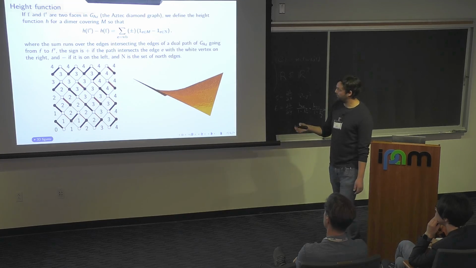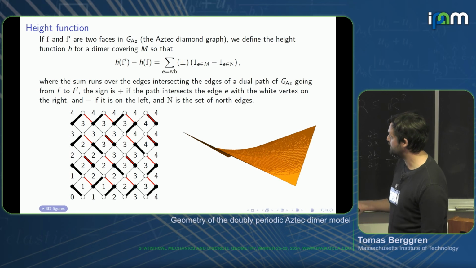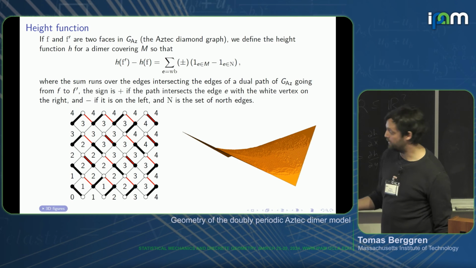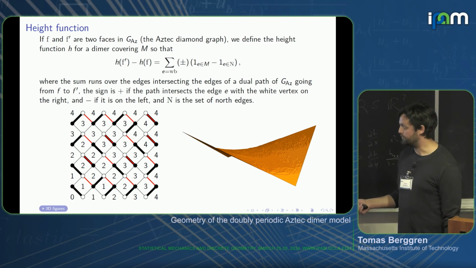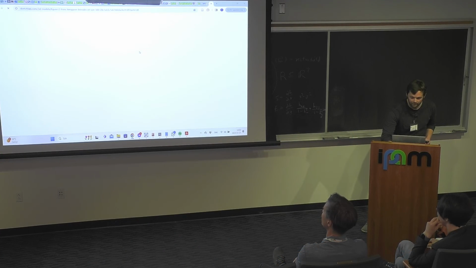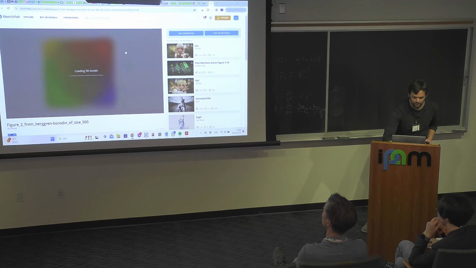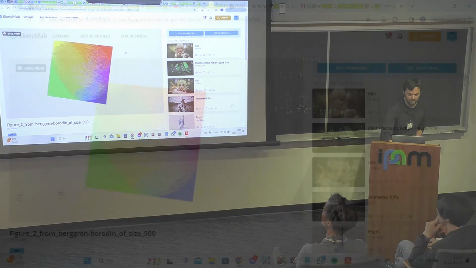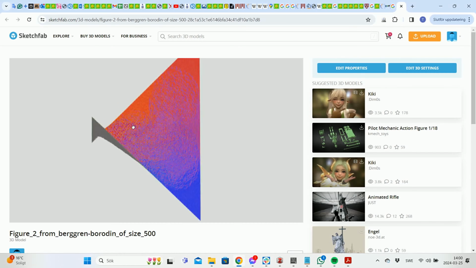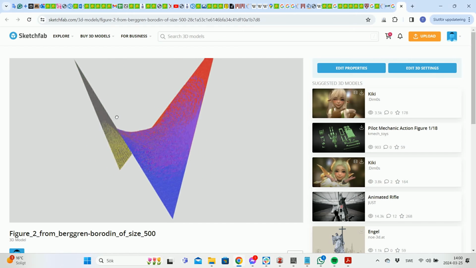And if you plot the height function against the Aztec diamond, you get something looking like this. Maybe I will show you, because they are very nice. So here is a random sampling of the Aztec diamond, and then this would be the height function.